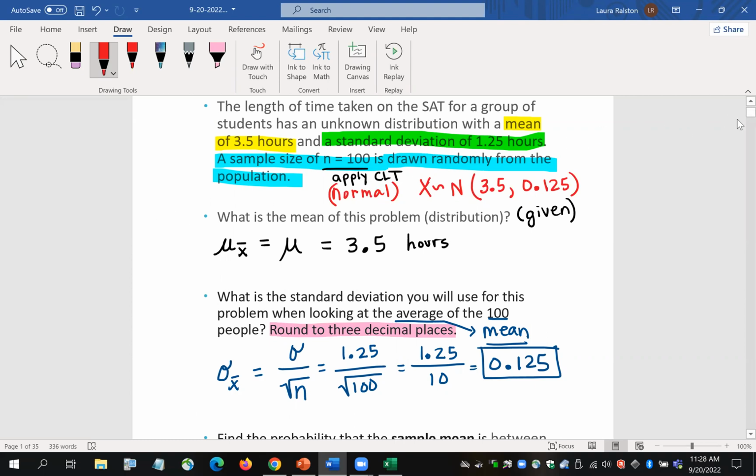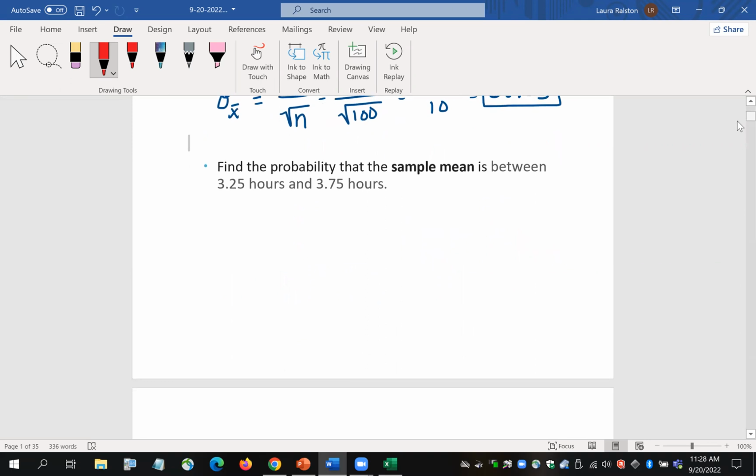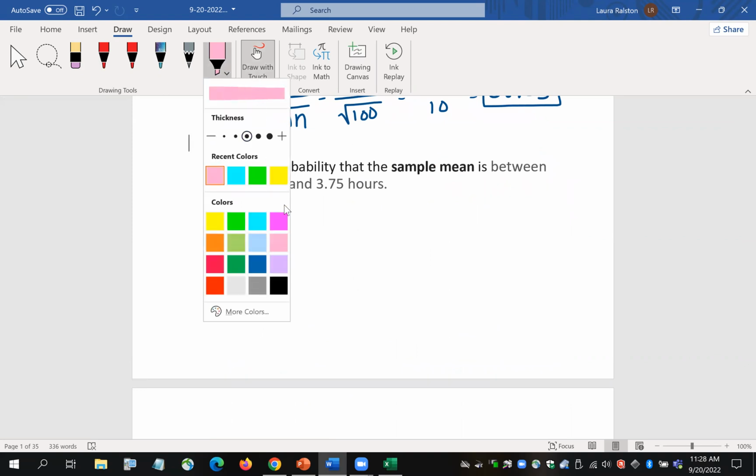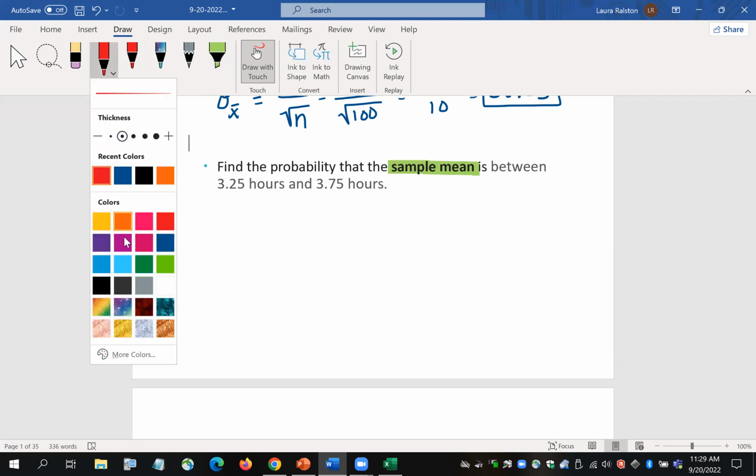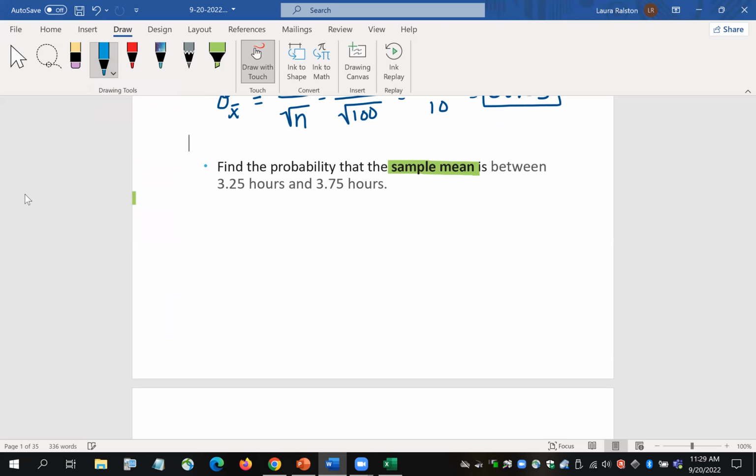So this problem says, and again, I'm going to kind of help if you see a picture. The other thing that you'll notice is this one, instead of just saying find the probability that, it actually says find the probability that the sample mean. Okay, it again is emphasizing that you're doing something with the mean.